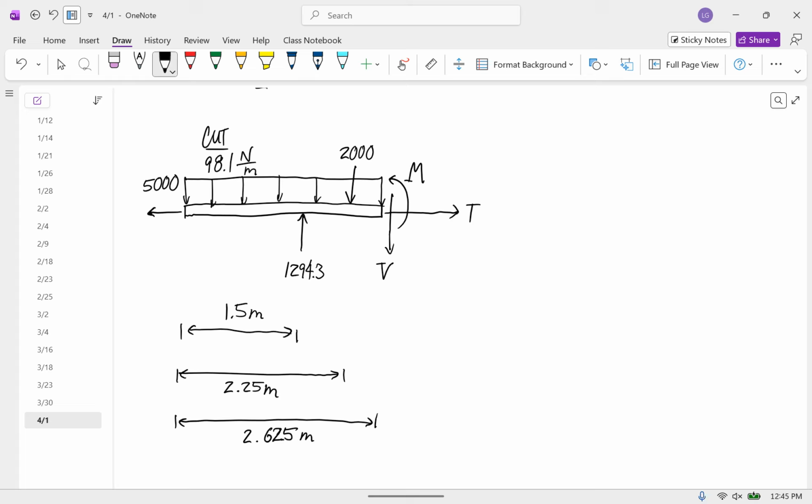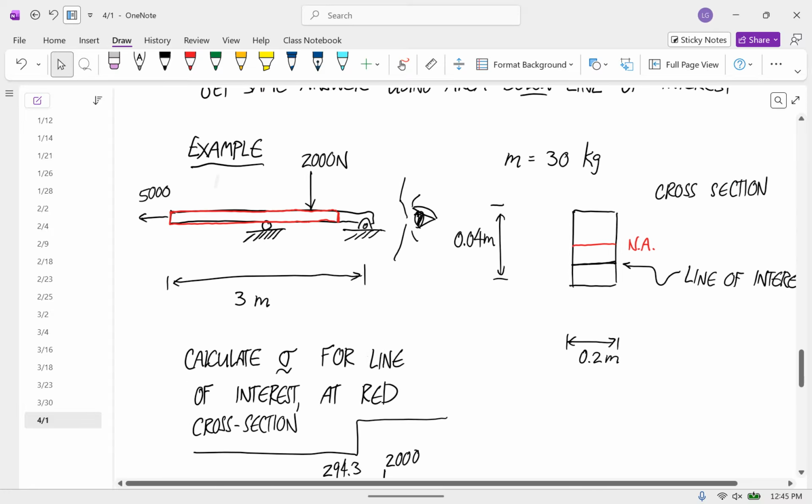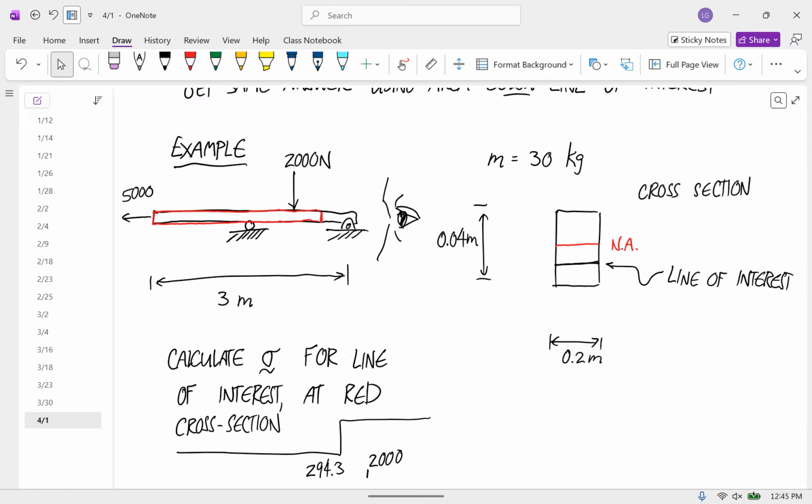So we divide it by 3, not 2.625? Well, what that distributed load is, it's a weight of 294.3. You're trying to figure out how much weight per meter. So the 294.3 is the weight of all 3 meters. So you have to divide by all 3 meters.